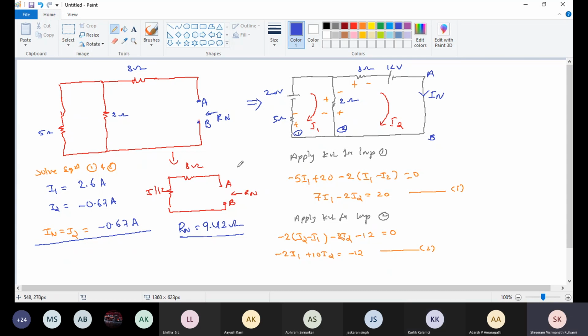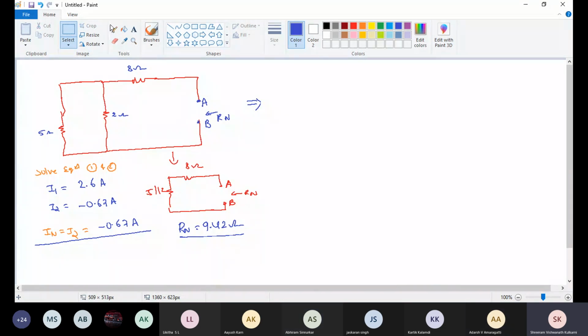What is the next step? We need to draw an equivalent circuit with RN and IN. After calculating IN and RN, we draw the equivalent circuit with the load resistance, that is 10 ohm, RL.